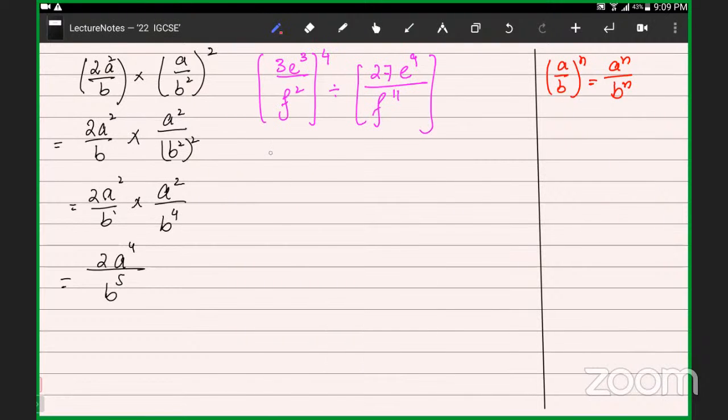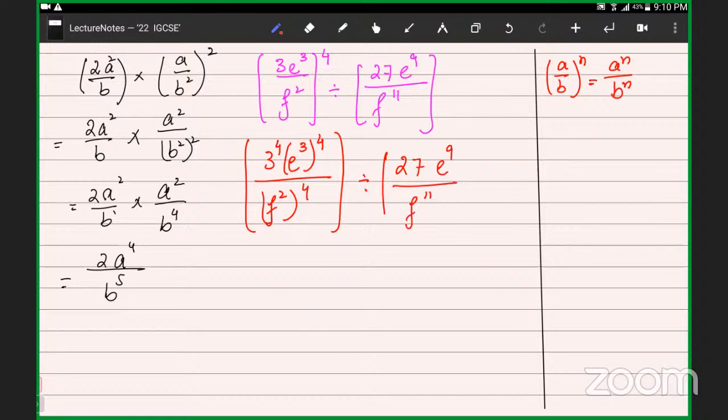So it is 3 raised to the power 4, e cube power 4 divided by f square power 4. You can directly skip this step as well, but right now we are saying simplify it and see it, divided by f raised to the power 11.